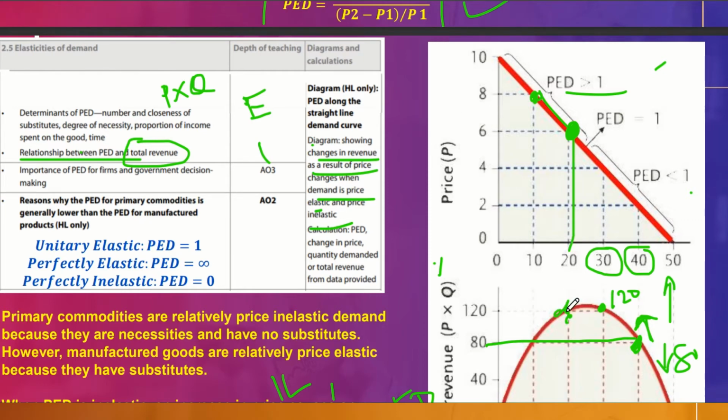This part is 120. The price is increased from 6 to 8, and the quantity demanded falls from 20 to 10. So 8 into 10 is 80. So look, when there is an elastic demand curve, increasing the price causes the total revenue to fall, and a decrease in price will lead to an increase in the total revenue.